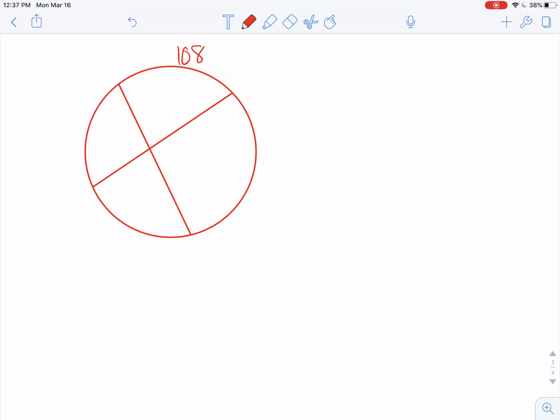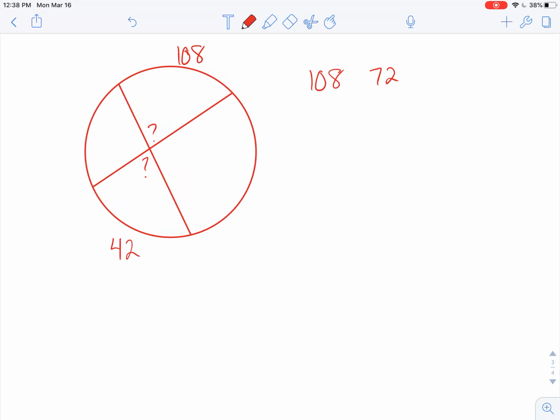No, that's a little bit too easy. Let's say 42. So we want to find the angles in this circle. These two vertical angles here. So I've got 108 and 42.